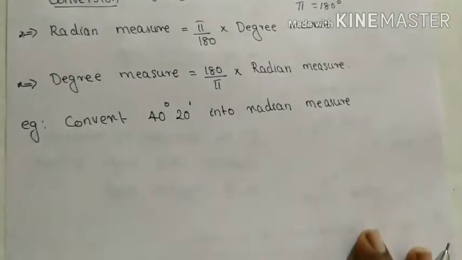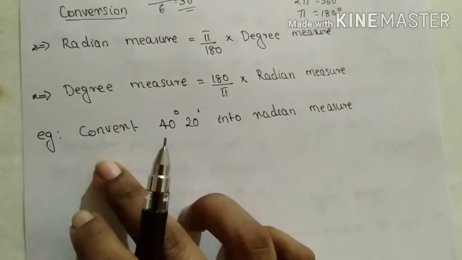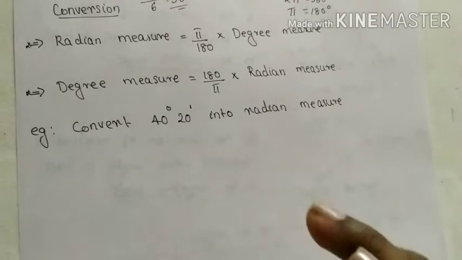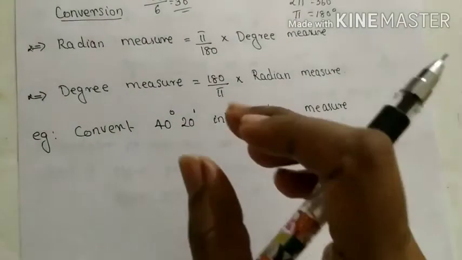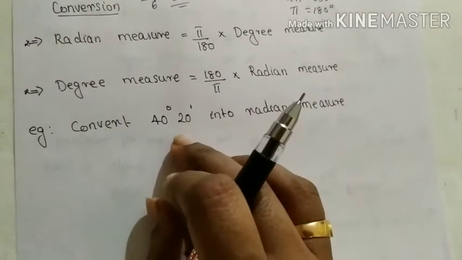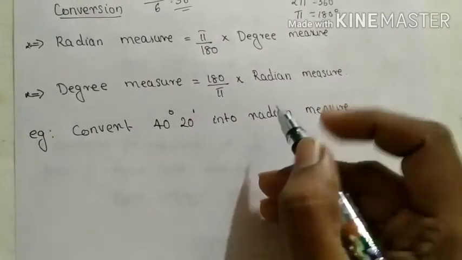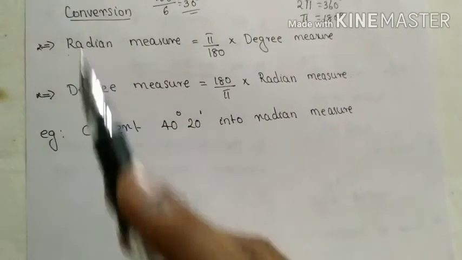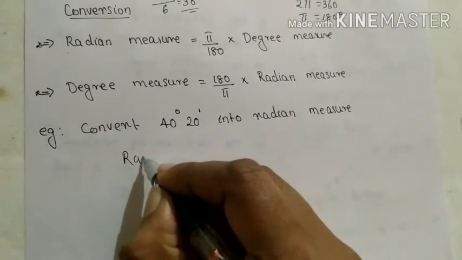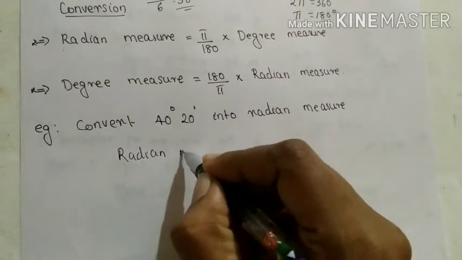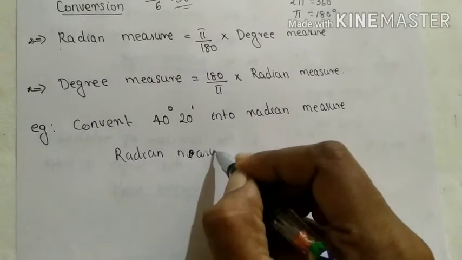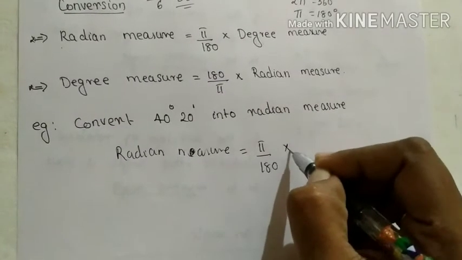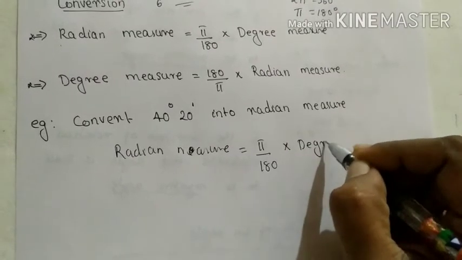So let's do some examples. First example, convert 40 degree 20 minute into radian measure. Given that it's a degree measure, we need to convert it into radian measure. So this formula is used, that is radian measure equal to pi by 180 into degree measure.